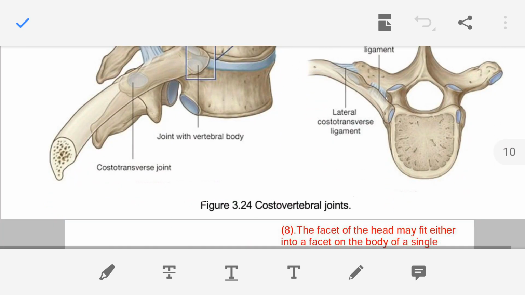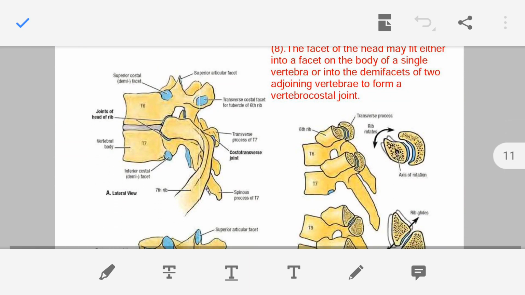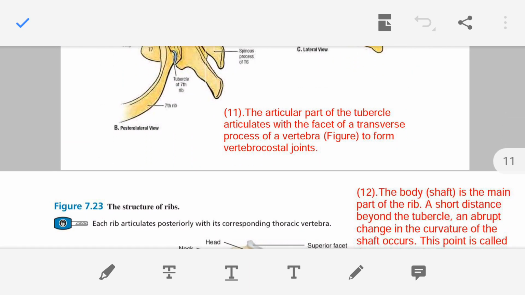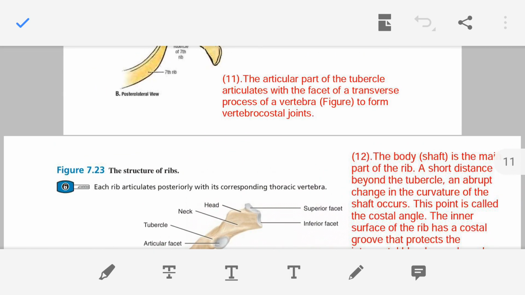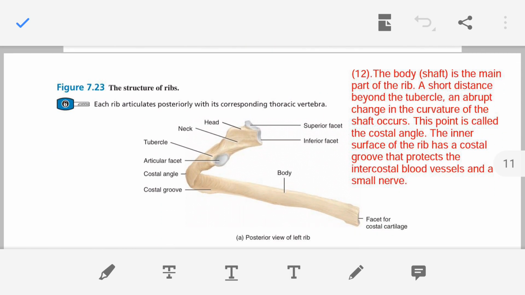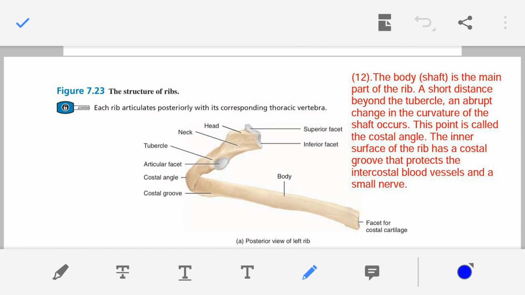so now we are moving forward to the 12th point. This was the 11th point. Now this is the 12th point. The body, also known as the shaft, is the main part of the rib.